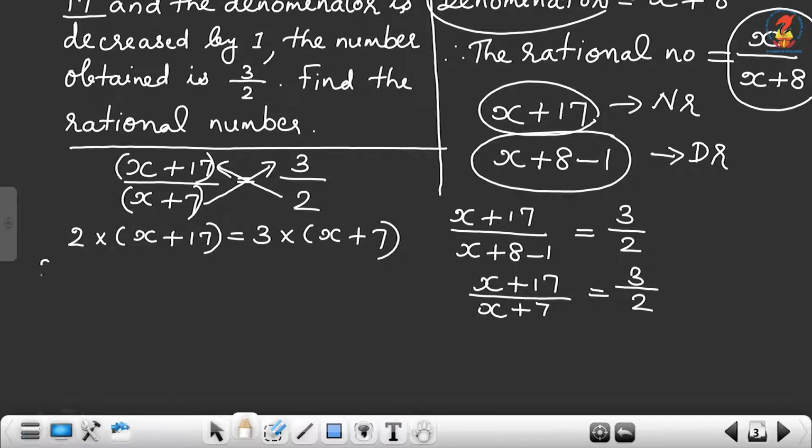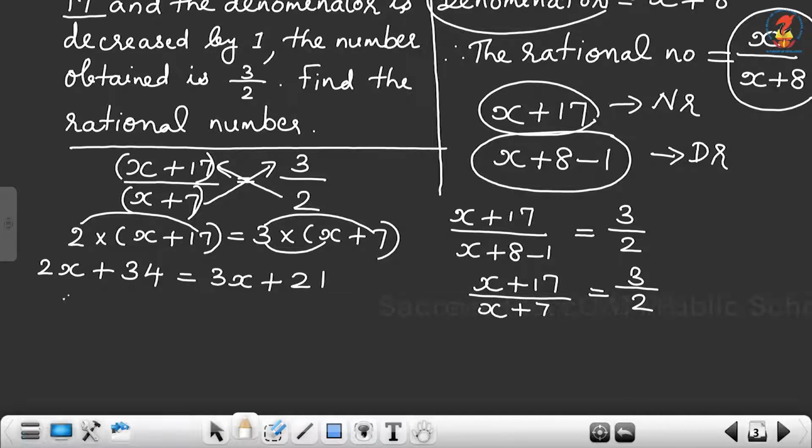Then open the bracket. 2 into x, 2x, plus 2 into 17, 34, equal to 3 into x, 3x, plus 3 into 7, 21. Then 2x minus 3x equal to 21 minus 34.